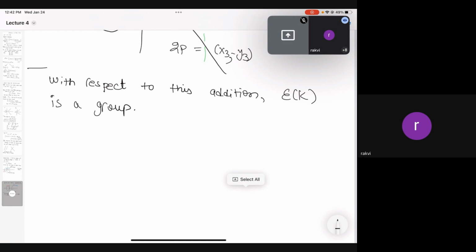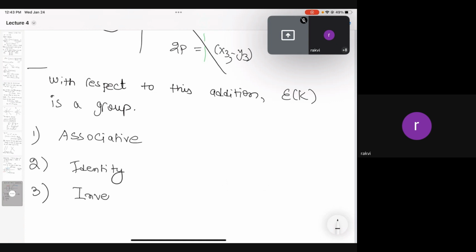So in this case, the binary operation is addition. And what do I want? I want this addition to be associative. I want to have an identity. I want to have inverses. And this is all we need for a group basically.